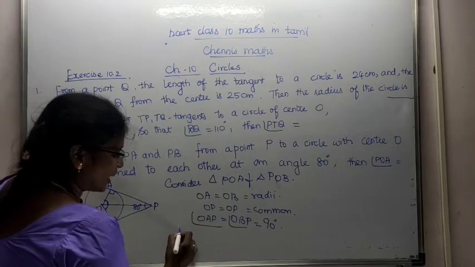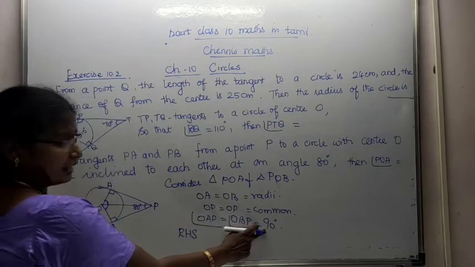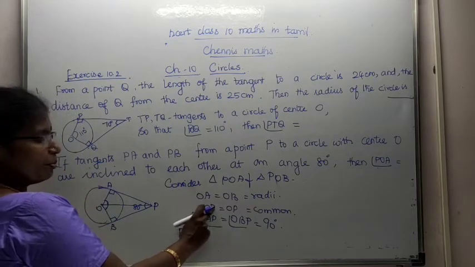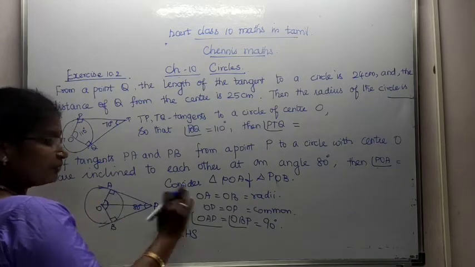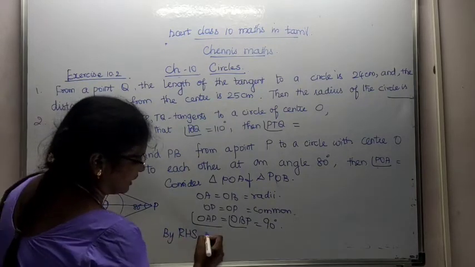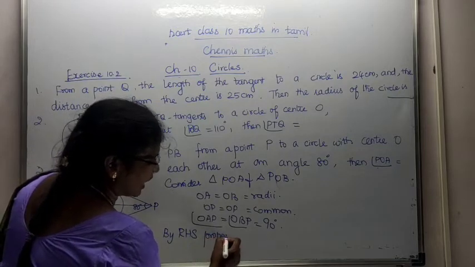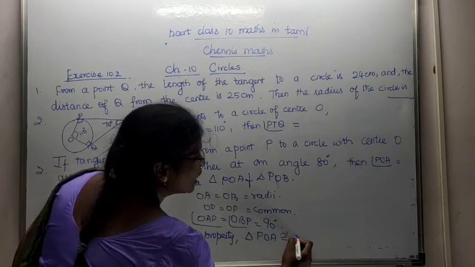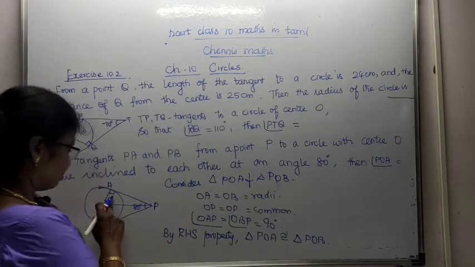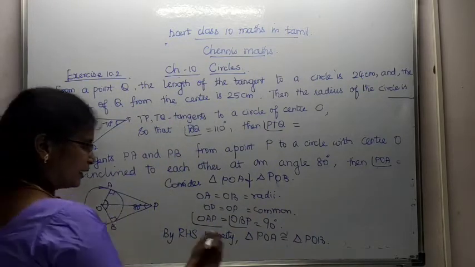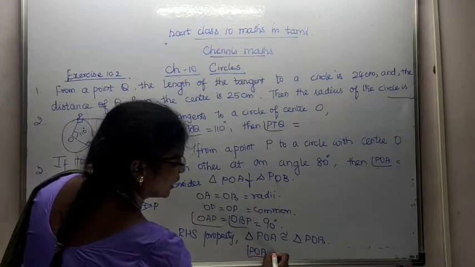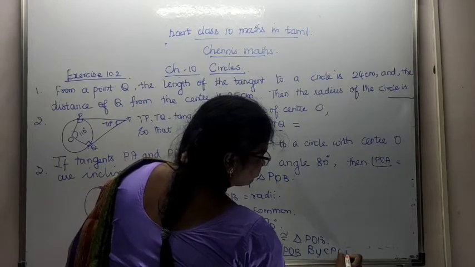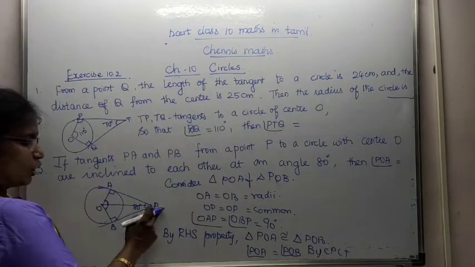Therefore, by RHS, R is the 90 degrees right angle, and one hypotenuse. Hypotenuse is OP, and one side OA. By RHS congruency criterion, we have triangle POA is congruent to triangle POB. That implies angle POA is equal to angle POB, that is by CPCT.